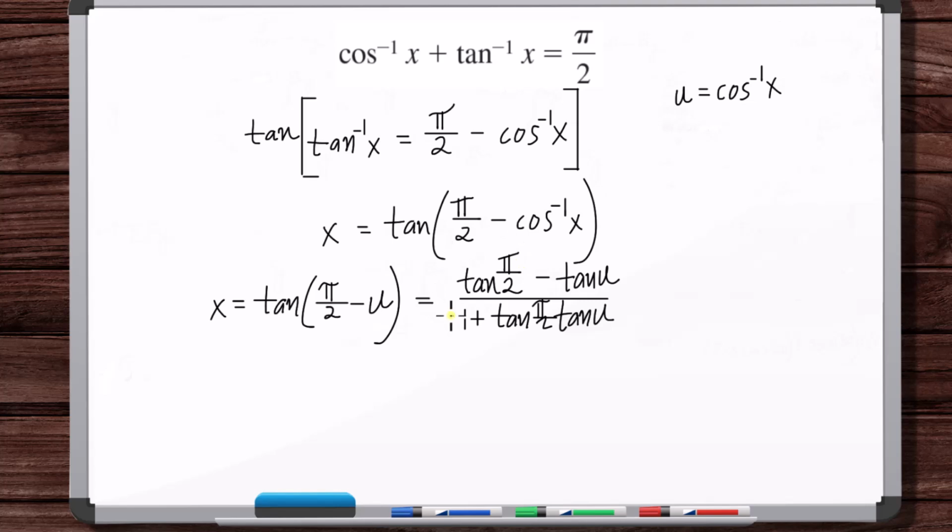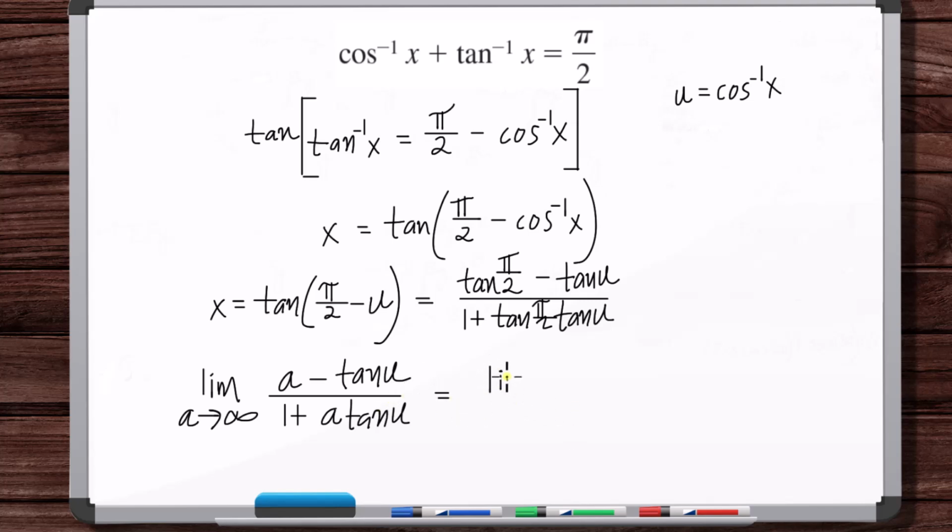dividing by 0, going to infinity. But we can still think about evaluating this if we say that we can do this. We can say the limit, as, let's say maybe a, as a goes to infinity, of a minus tangent of u over 1 plus a times tangent of u. Okay, so we learned these limits in calculus. So what we would want to do next is multiply this by 1 over a divided by 1 over a.